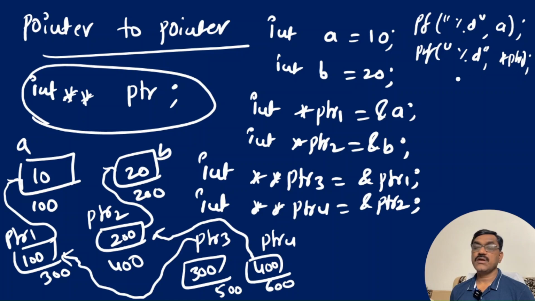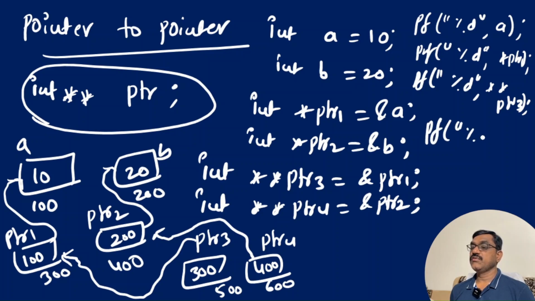Here also we get 10. Another way to get the a value is percentage d with double star, the double indirection operator, of ptr3. Here also we get the value 10. By three ways you can access the value of a: directly through a, through pointer ptr1, or through pointer to pointer ptr3.